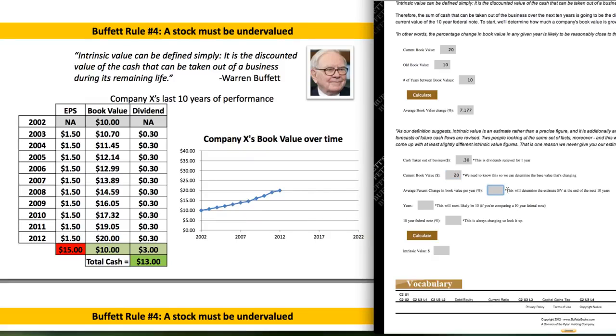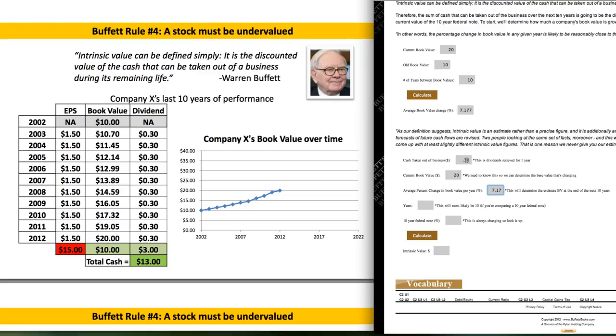The average percent change in book value per year. So this is what we calculated above. We got 7.17. So we're going to go ahead and put in 7.17 because that's what we expect the book value to continue to grow at. This is where Warren Buffett says that any two people are going to come up with different figures, because of this number here, or if you would go back to the dividends and say, well, I think 30 cents is maybe a little bit of a high estimate or that's a low estimate.